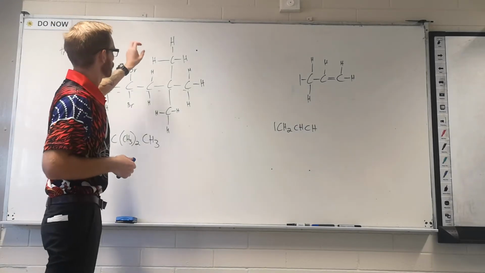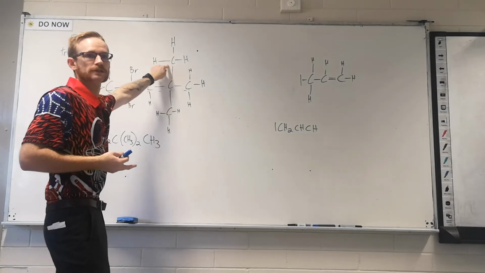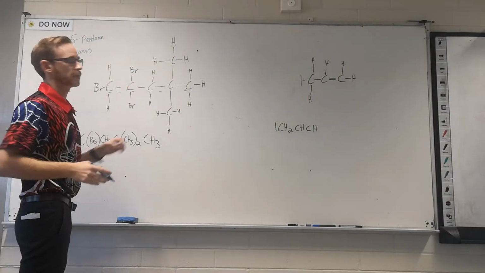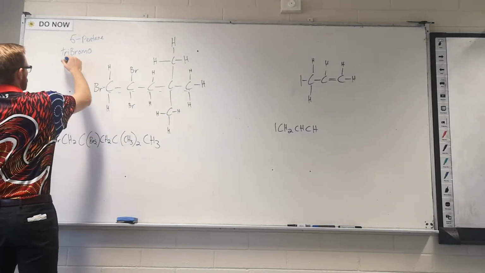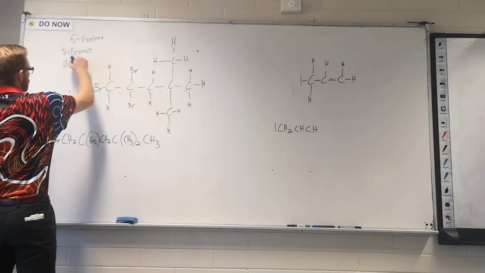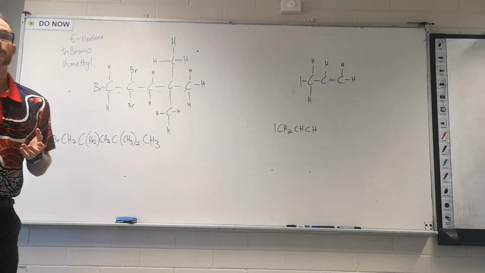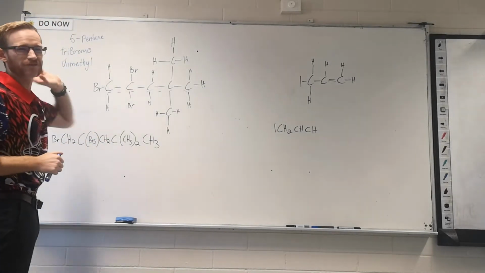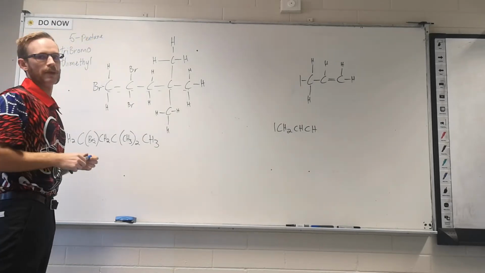And then next, coming off the main stem here, I've got a carbon with 3 hydrogens attached, which makes that a methyl group, and I've got 2 methyl groups, one here and one here. So we're going to call that dimethyl. Now when we're naming them, we put them in alphabetical order, so we know that the tribromo can be the first thing in my name, followed by the dimethyl, and then the pentane.